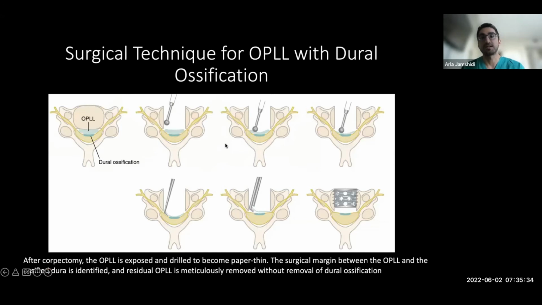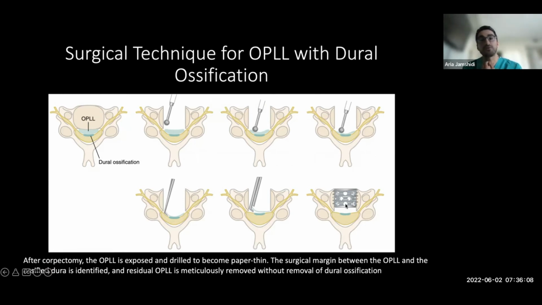This is just a surgical technique, kind of looking at the approach you could possibly use for the patient for dural ossification. You essentially will drill down carefully the OPLL, and if you can find any sort of boundary between the OPLL and this dural ossification, you can use a blunt nerve hook or another technique to try to peel that OPLL off, and then you can see the authors left this dural ossification on the spinal cord and then place a corpectomy cage.